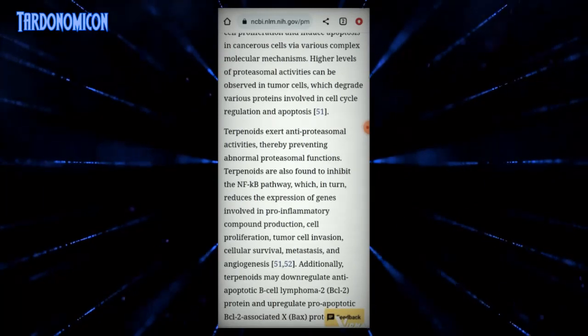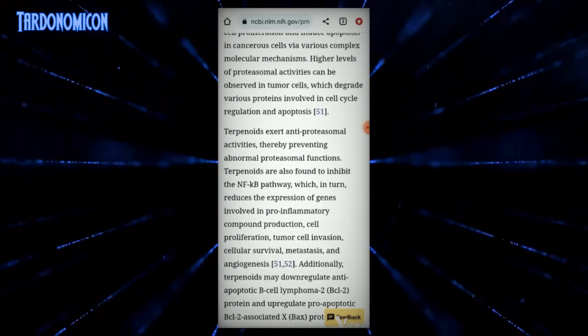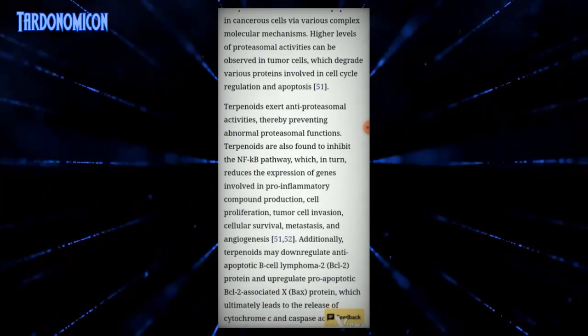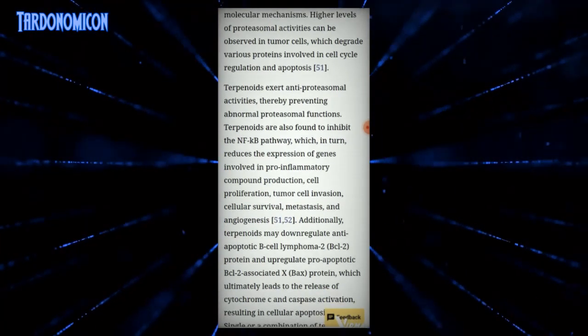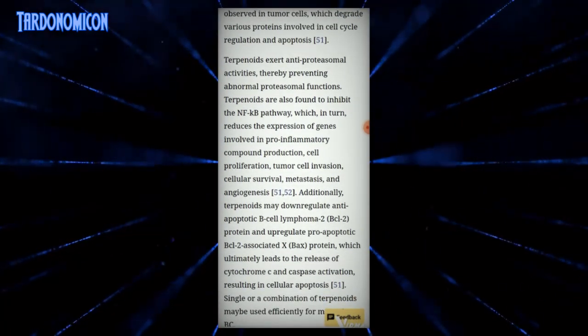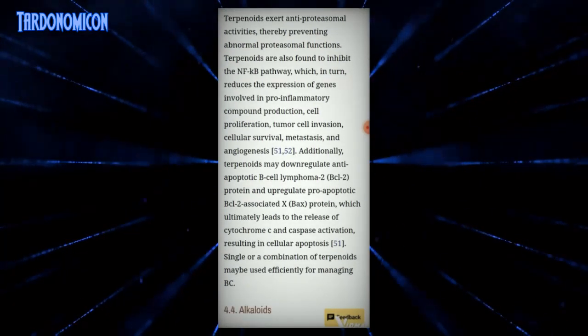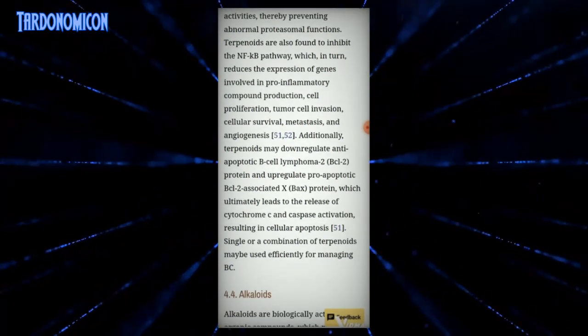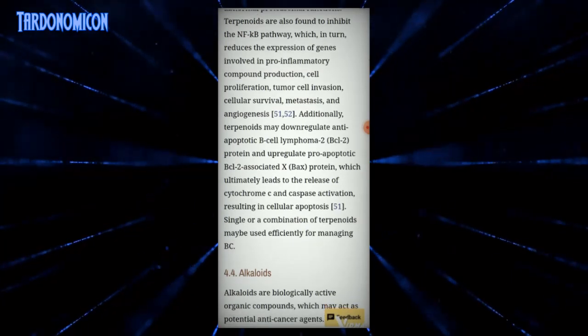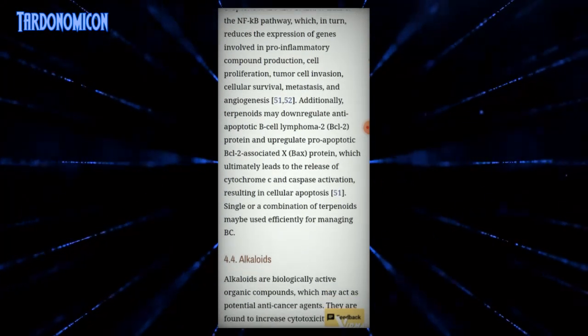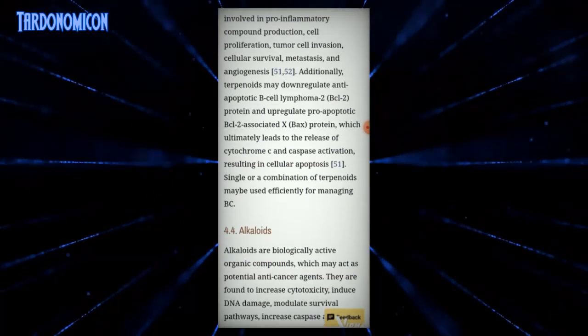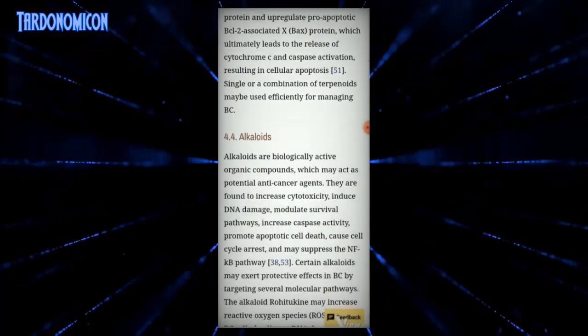So that's basically tumor cells digest proteins. So terpenoids exert anti-proteasomal activities, thereby preventing abnormal proteasomal functions. Terpenoids are also found to inhibit the NF-κB pathway, which in turn reduces the expression of genes involved in pro-inflammatory compound production. So again, knocking down inflammation.